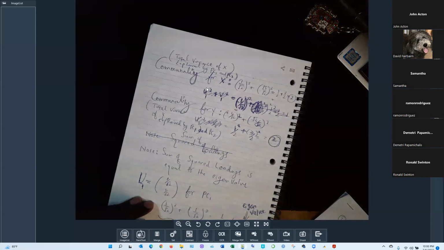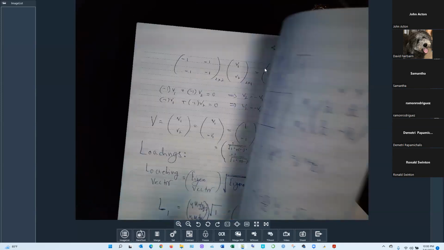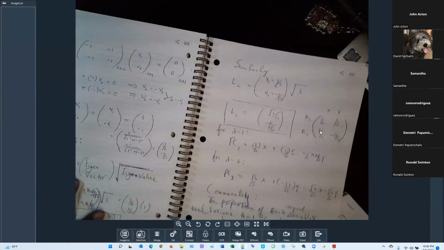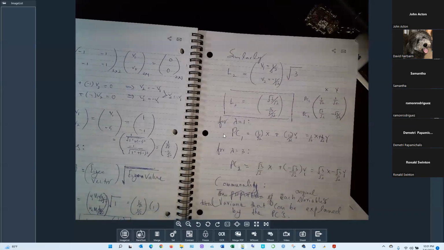On the other hand, if you get the communalities by squaring the loadings, how much of the variance of x is explained by PC1 and PC2, if you square those two and sum them up, that becomes the variance of x. And so does this. The variance of PC1 is the same as the eigenvalue lambda 1. The variance of this one is lambda 2.